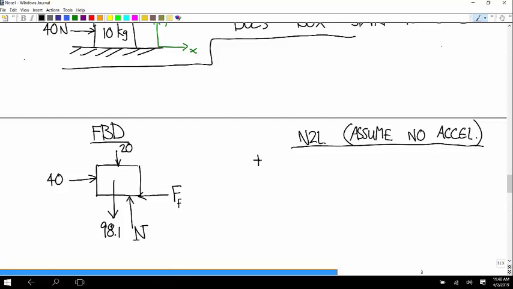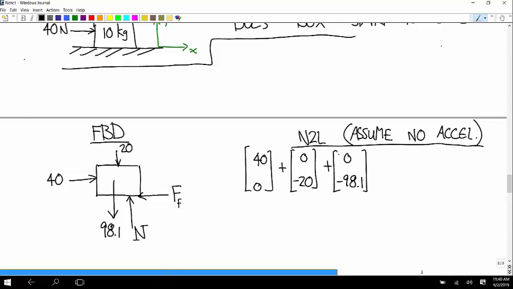So 40, 0, plus 0, negative 20, plus 0, negative 98.1, plus 0, N, plus negative Ff, 0, is equal to the mass times the acceleration. We're assuming no acceleration, so that's 0.